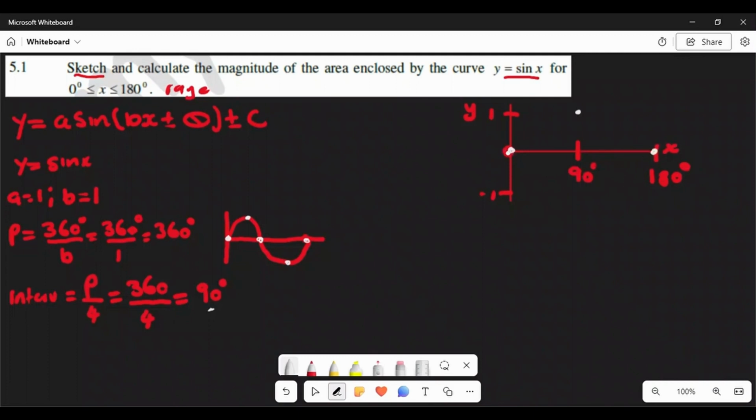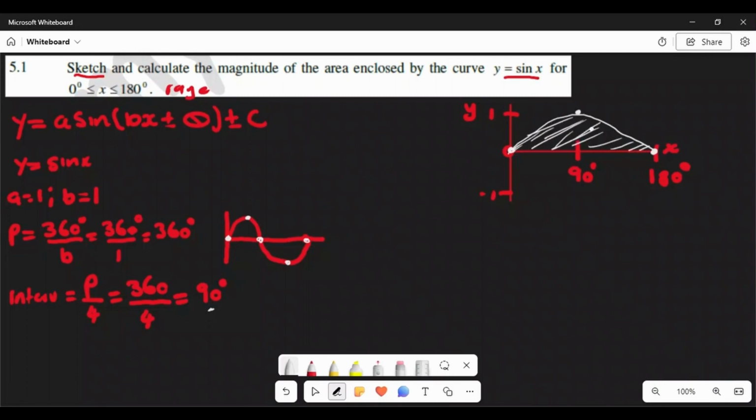When you draw our graph, it's supposed to look like that, right? We don't continue to 270 and 360 because our range says from 0 to 180. There's no need for you to do that, guys. From here you highlight the area, or you shade it.